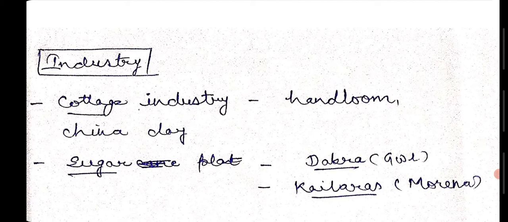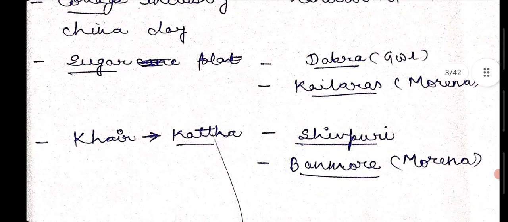Khair industry: converting khair to katha, a factory is located in Shivpuri and Banmore, Morena.